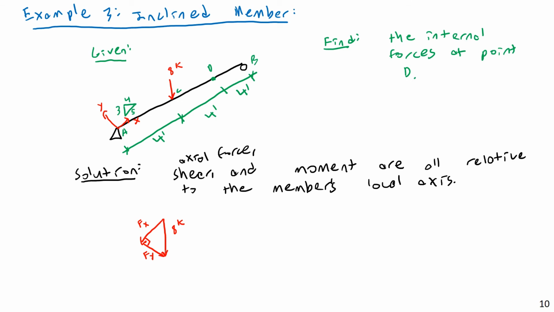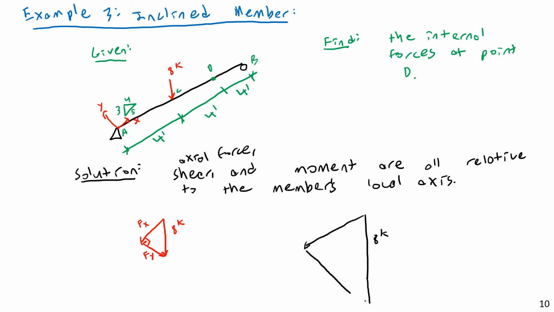So what else do we know? Let's think about this more. This would be a lot easier in terms of angles. Let me draw this a little bit bigger because this is going to be hard to draw other things on. So we have 8 kips, and then we have components, with a right angle like this.